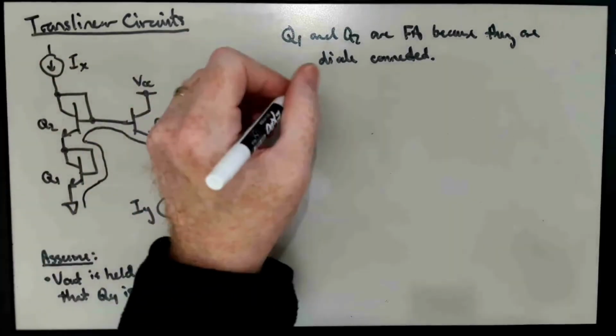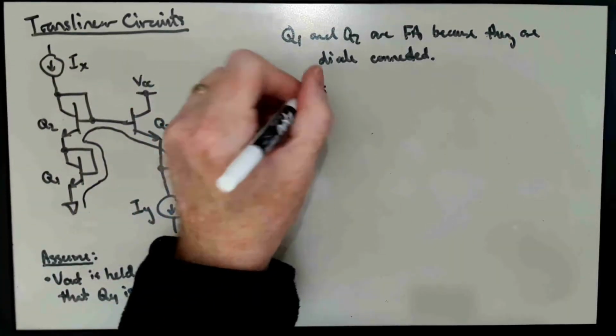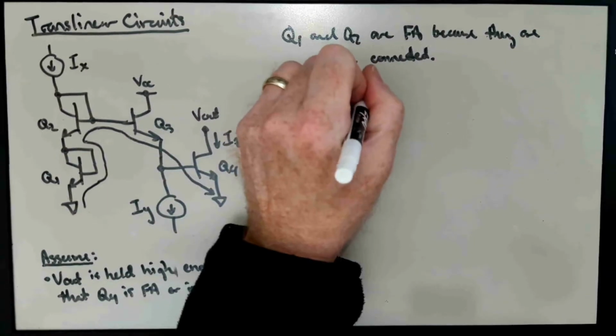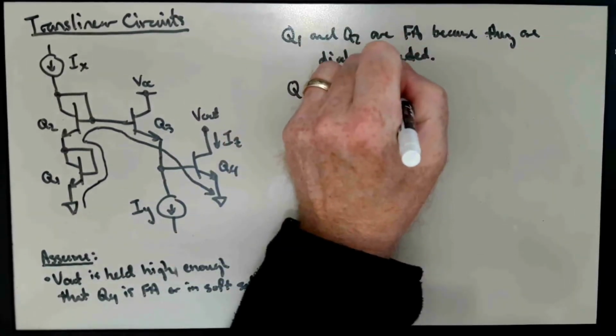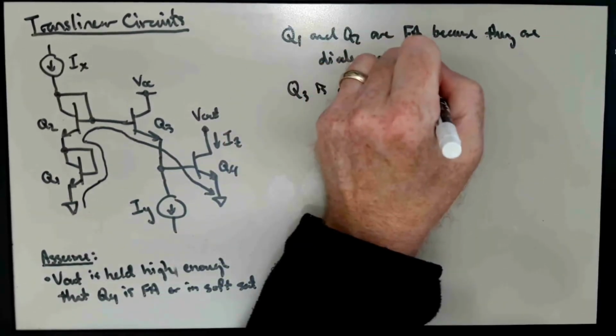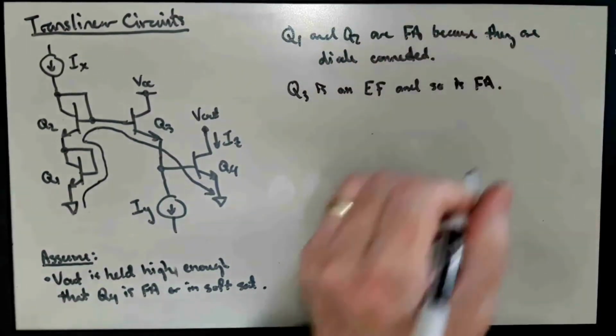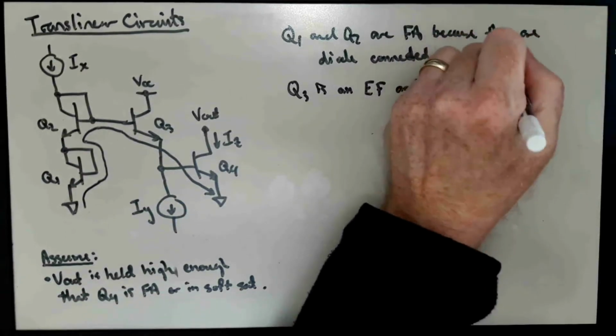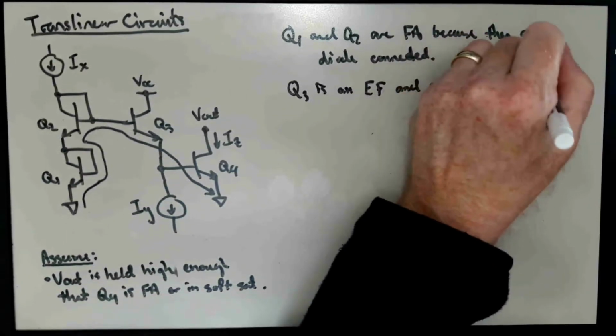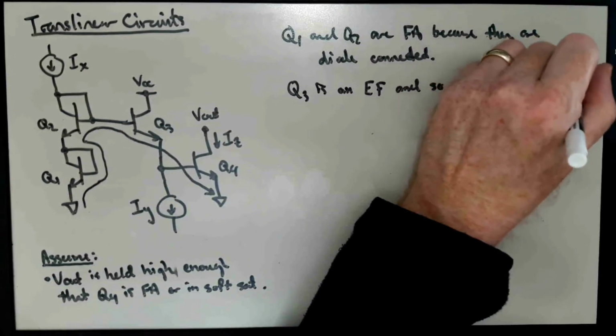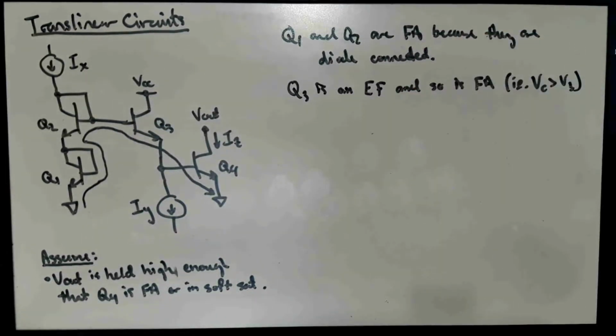So Q3 is an emitter follower, and so it's forward active too, since VC is greater than VB. So all 4 transistors are going to be operating in the forward active mode, which is good. So we can apply the translinear principle.